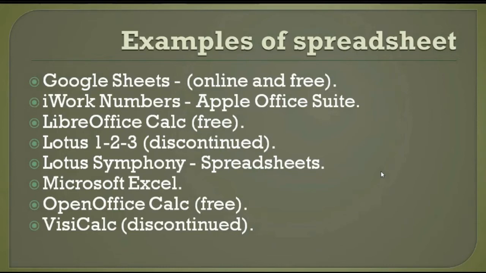That's why Lotus 123 is also discontinued. And in the same way, there are more examples. Many applications are there. LibreOffice Calc is there. In Star Office also, there is a spreadsheet available. So these are such examples.